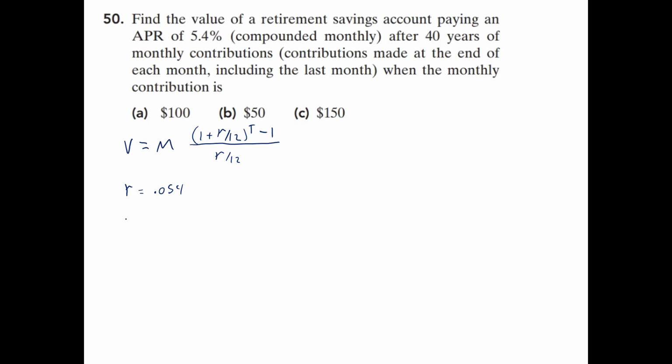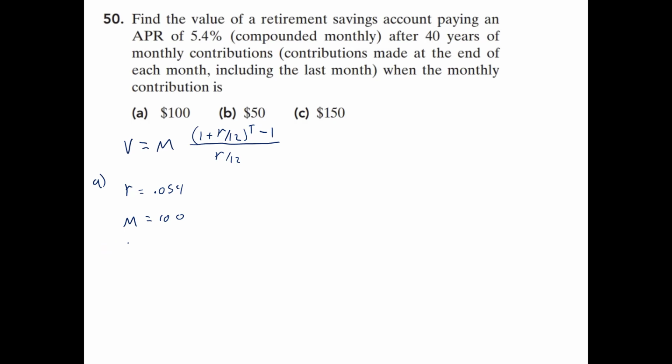Okay, so then T, oh, I'm sorry. So for part A, M is $100. We're depositing $100 each time. So M is 100. And what we need now is what is the T, right?